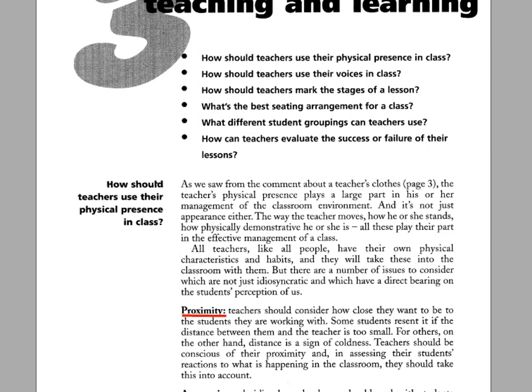So the point here that I want to share with you is proximity to the teacher. This is one point. Teachers should consider how close they want to be to the students. So proximity here means the level of being closer. How close? Is it by telling them a lot of things or sharing some occasions?